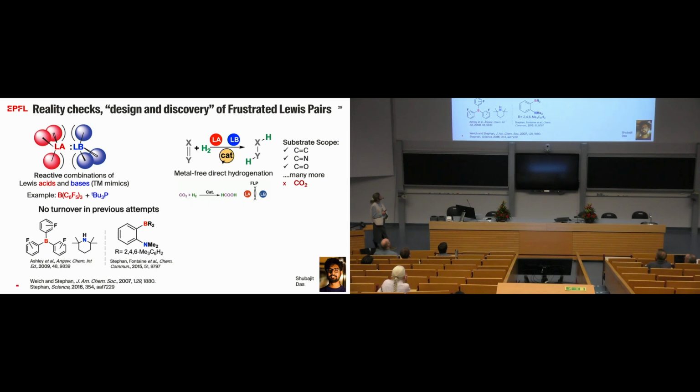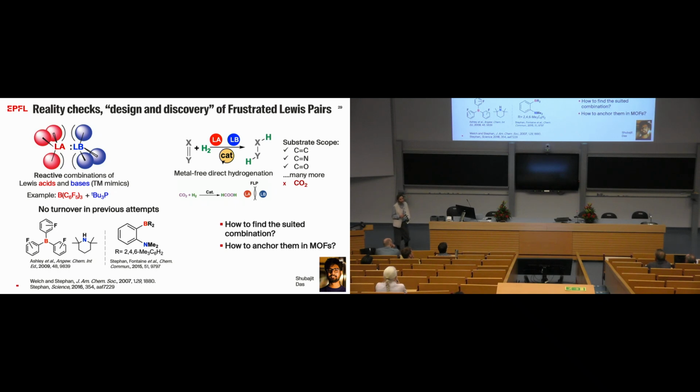The nice thing about frustrated Lewis pairs is that they basically mimic the chemistry of transition metals, and it has been very successful for various substrate scopes. But for CO2 as a substrate, for the hydrogenation of CO2 into formate, there was no example of catalytic turnover, only stoichiometric. So that's why we decided to tackle this task.